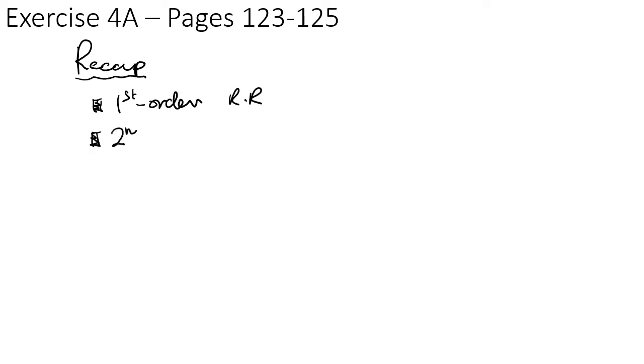As usual, a recap on what we've done. So we've got first order recurrence relations, and we've got second order recurrence relations. A first order recurrence relation is some function of the previous term.